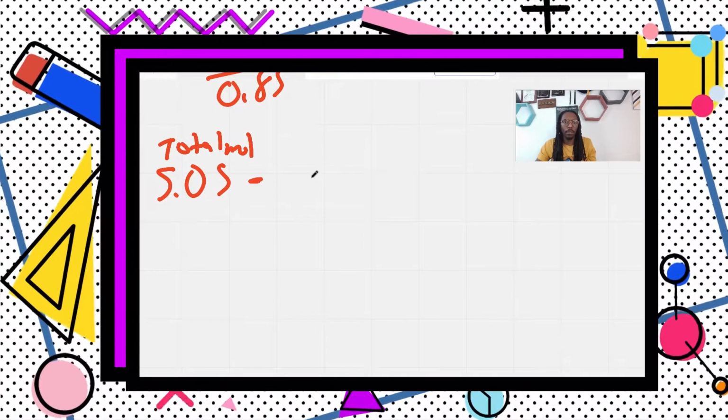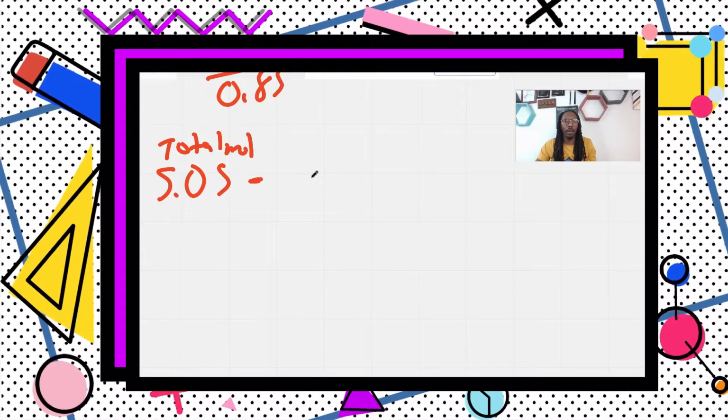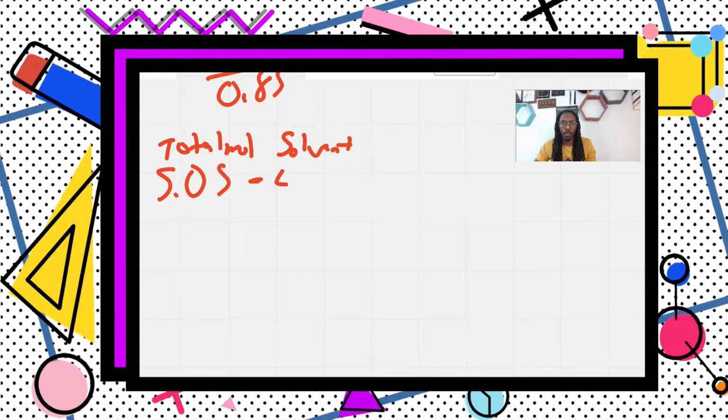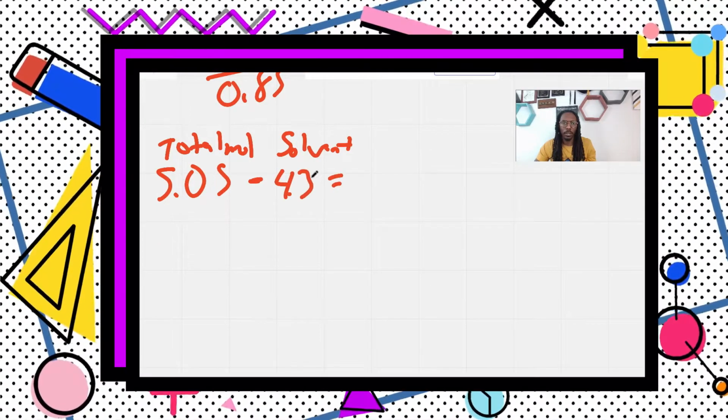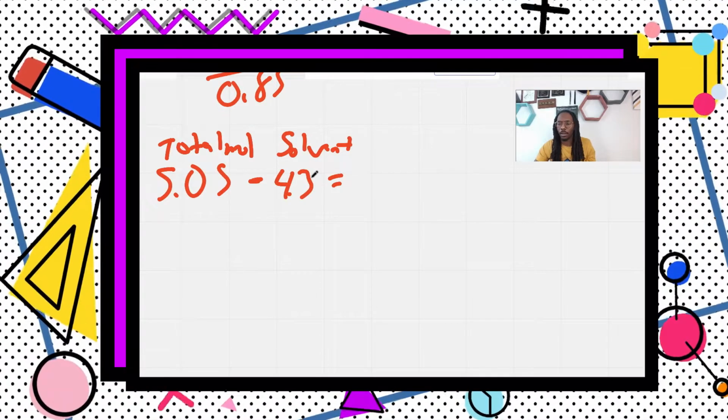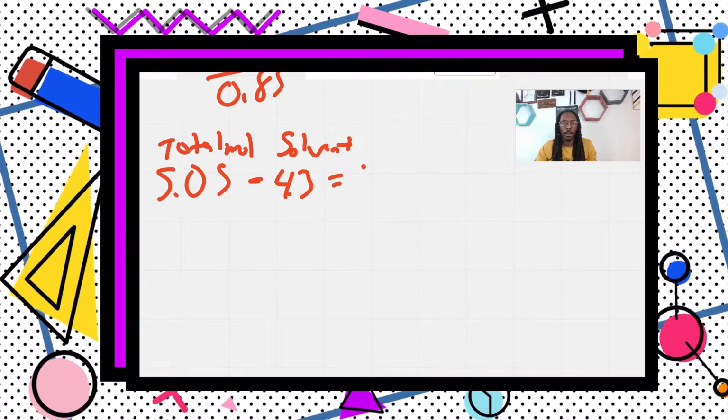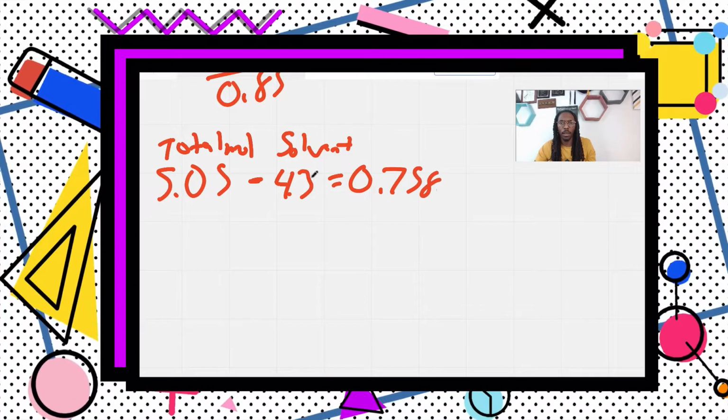So to figure out the moles of our solute, we subtract the solvent moles, which we know to be 4.3 and is given, from the total moles. 5.05 minus 4.3 gives us 0.7588 moles of our solute.